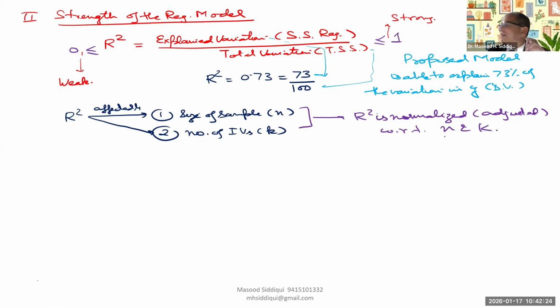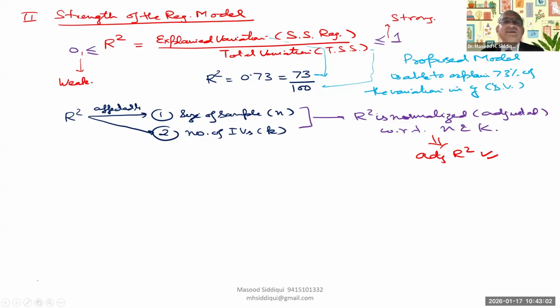And here we get another term that is known as adjusted R square, right? Obviously, for interpretation purposes, this adjusted R square is more important as compared to R square. So what we do is observe both R square and adjusted R square. If the values are pretty near to each other, it doesn't matter whether we interpret R square or adjusted R square. If the values are far apart, it means some type of overfitting or some other problem is there. In that case, we interpret adjusted R square.